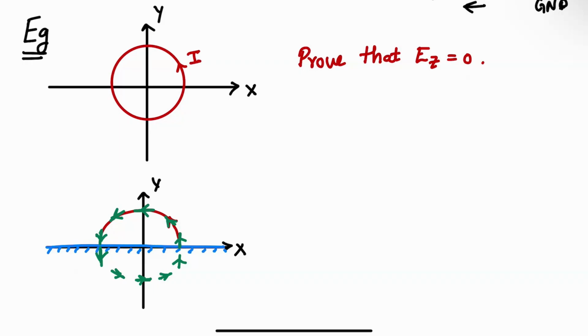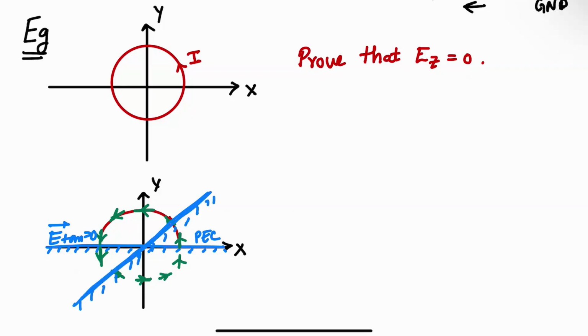Okay, so since these two problems are identical, the tangential electric field in the bottom problem we know is 0 because this is PEC, right? So in the XZ plane, E tangential is 0. Now, the cool trick, I guess, is to say that, okay, I place the PEC in the XZ plane, but I can place the PEC in any plane. Suppose I place PEC like this.